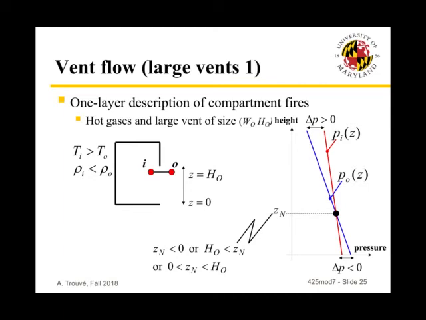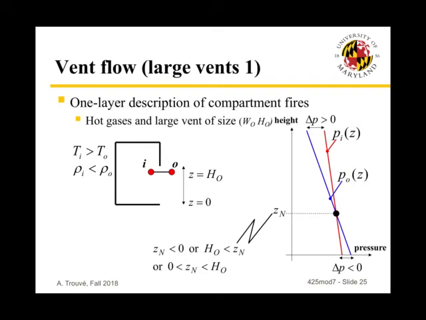So we're going to calculate the flow through this vent, and we're going to consider three cases. First, we're going to consider that Zn, the neutral plane elevation, is smaller than 0. That means now that through the entire vent, the pressure inside will be greater than the pressure outside. So we are going to have outflow of inside gas through the entire vent.